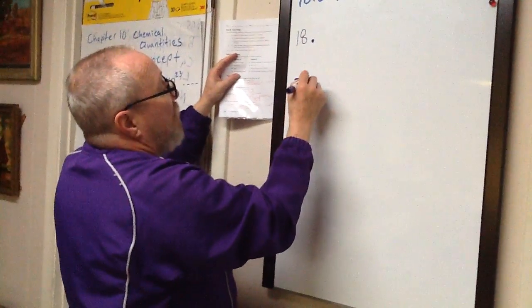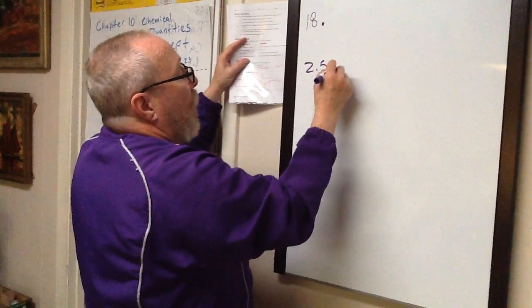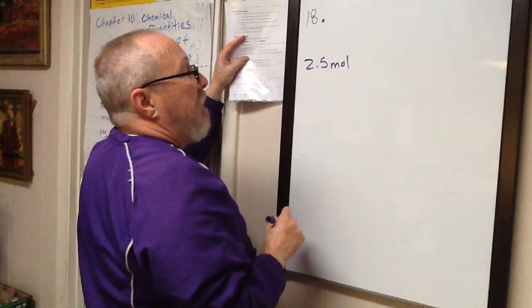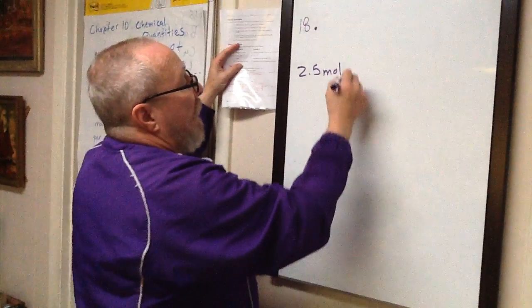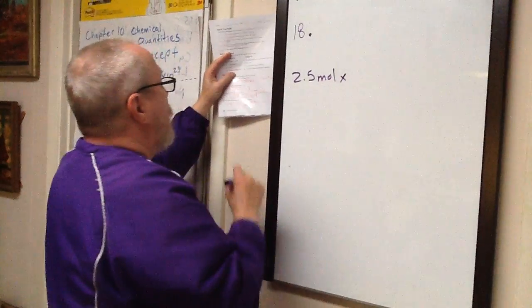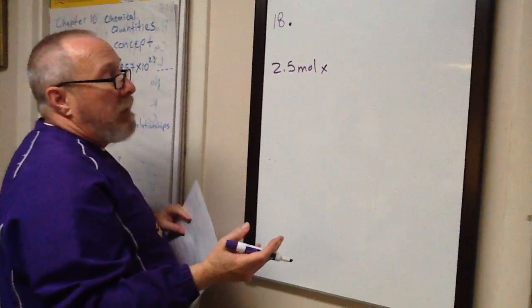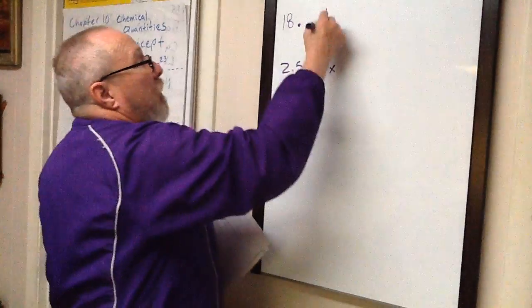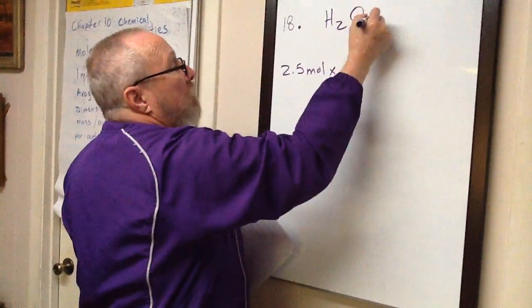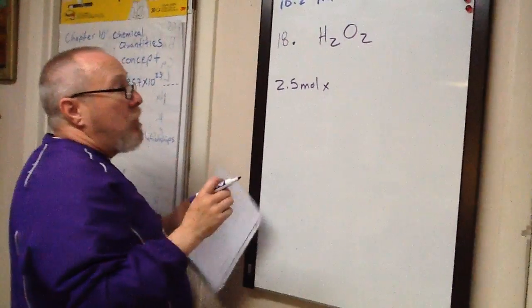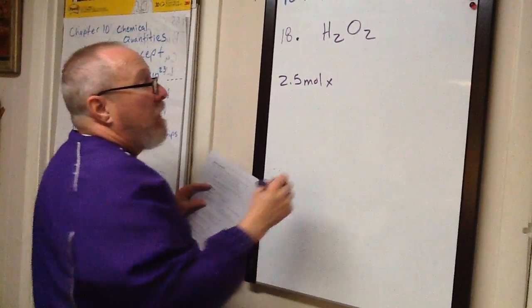All we need to know is that we have 2.5 mol, and to convert from moles to number of particles, representative particles, in this case molecules, of hydrogen peroxide, H2O2, we need to multiply it by Avogadro's number.